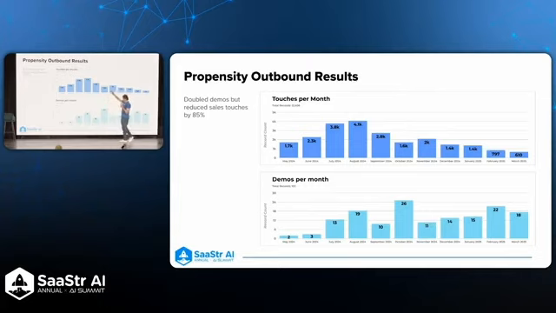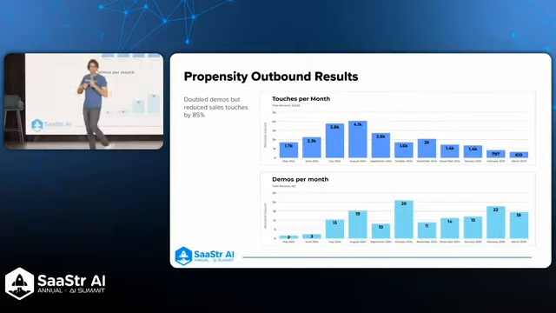And you can see our average touch per sales rep has gone down substantially over the last year, but our booked demos per rep has gone up on average month over month. So we're doing less touches, 85% less touches, and we've doubled our per rep booked demos because of this process, because we're only giving them the high quality leads, we're only giving them the ones that visit the website or take some action indicating interest, and then we're asking them to opt in before sales reaches out.